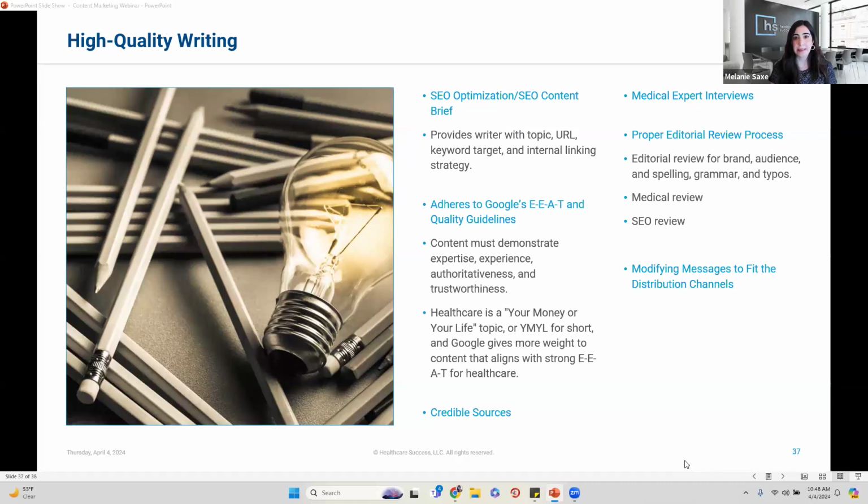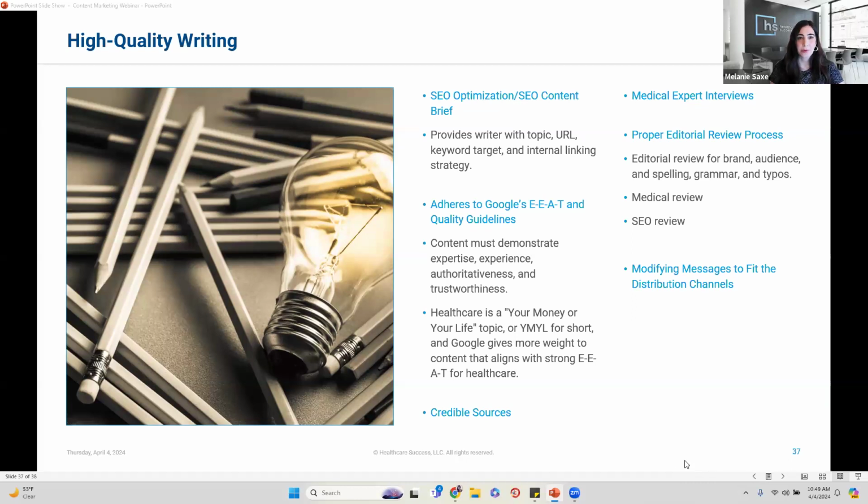Adhering to Google's EAT and quality guidelines. So you've been getting the emails, you know that there was Google's helpful content update. It's rattled a lot of people and it's still going on. It's a lot of businesses, sorry, it's not a joke. And essentially, when it comes to healthcare, Google considers healthcare a your money or your life topic. So law falls into this category, finance, healthcare.